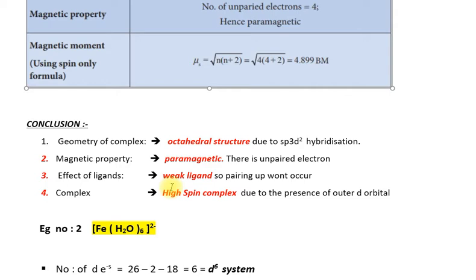The ligand used in this complex formation is a weak ligand, so pairing won't take place, and therefore the complex is a high spin complex due to the outer d orbital.